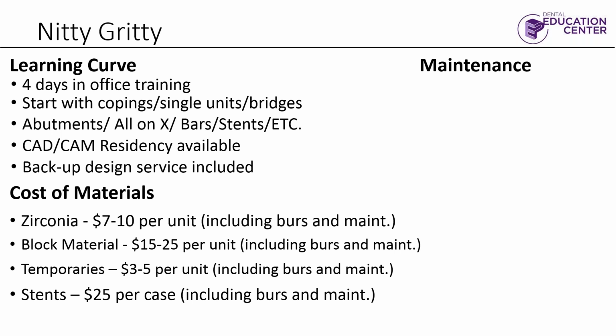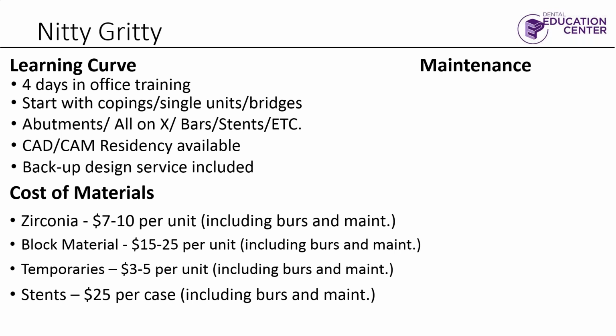When the material costs $7 to $10 for zirconia block material, temporaries, and stints, you can see the ROI on a lot of this stuff is pretty quick and important. I don't like to get into ROI because those numbers can be manipulated in any number of ways to sell anything. So I like to just give you numbers, and that's including maintenance on the machine and burrs, just so you know.